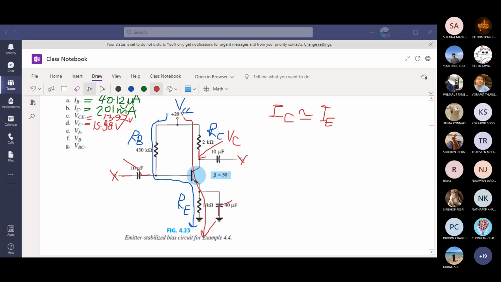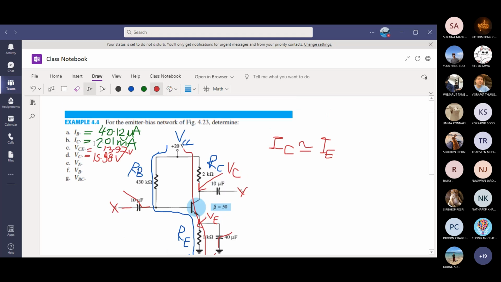When I approximate IE as IC, you can write VE approximately ICRE. From that point to ground, the current flowing is approximately IC multiplied by RE, and the bottom is ground. It's 2.01 volt.